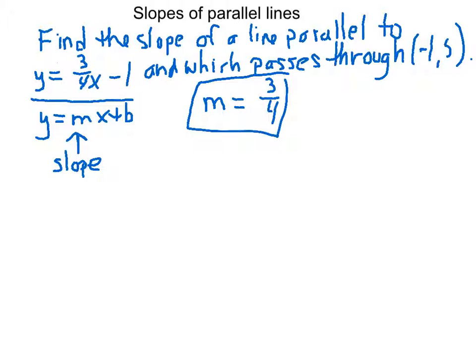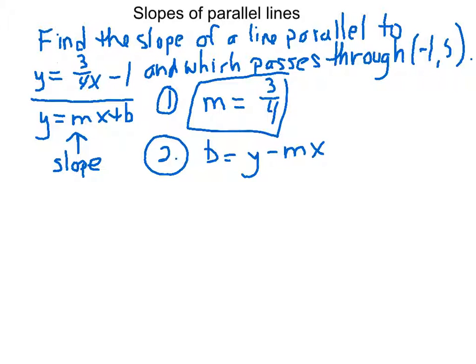I'm going to take this problem a step further. Besides finding the slope of the line parallel to this line, we're going to find the equation. So the first step is what we needed to do anyways. We needed to find the slope. The second step is finding the b value, and I've determined a formula that you can use to do that.